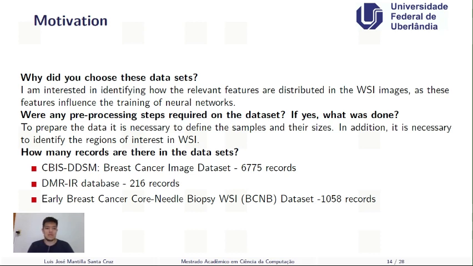Well, how many records are there in the datasets? Well, in the breast cancer image dataset, we have around 6,775 records.